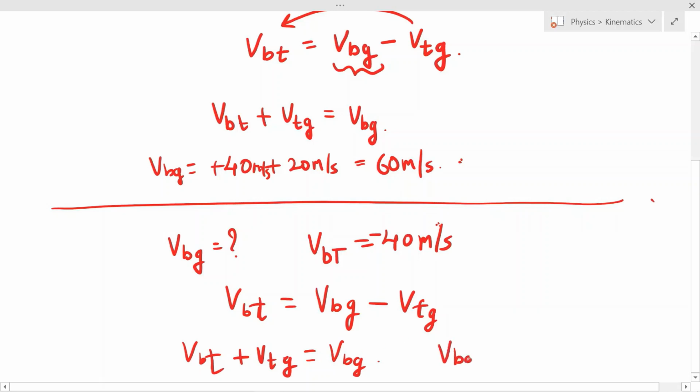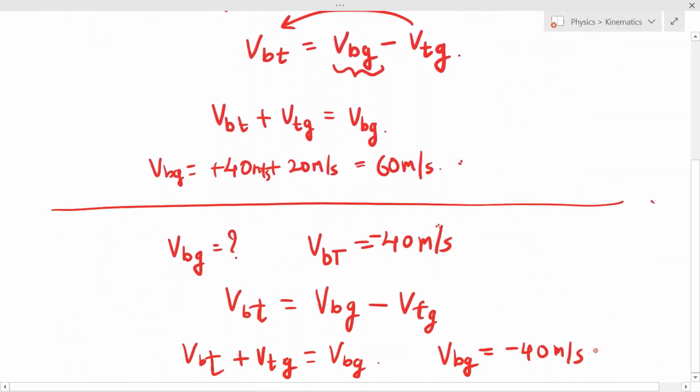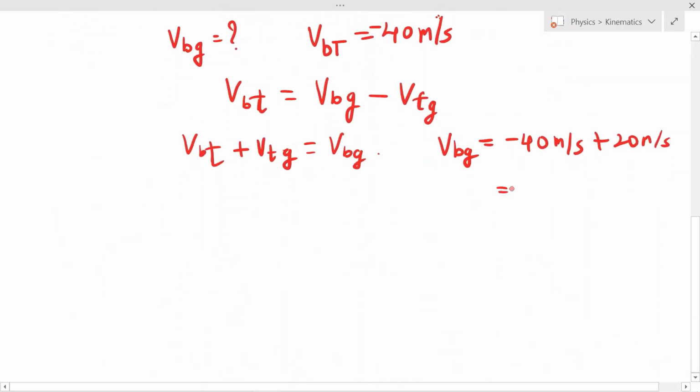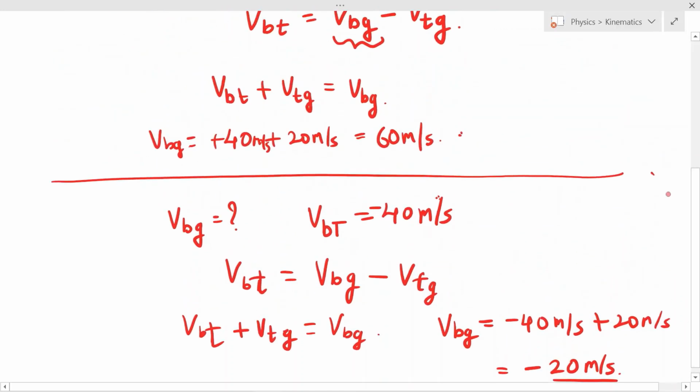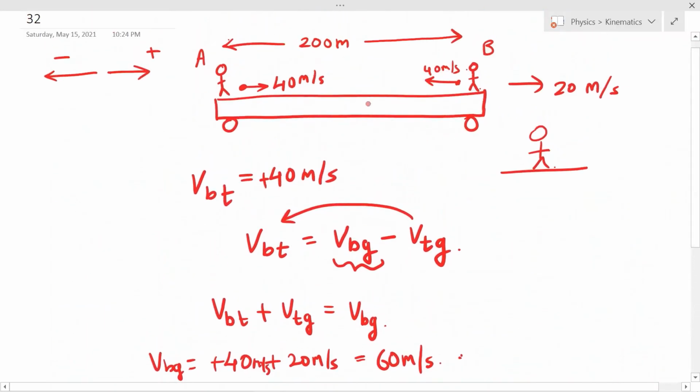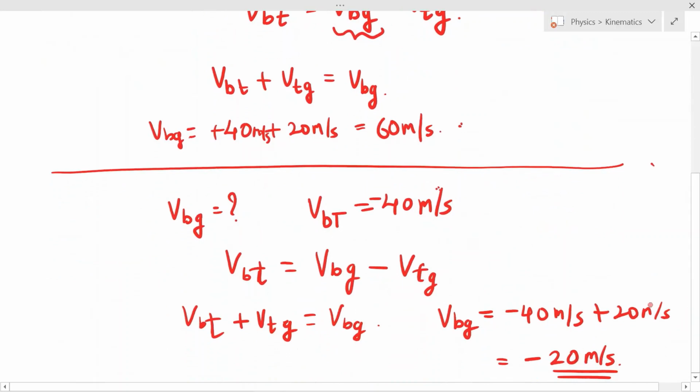So VBG becomes, VBT is minus 40 meter per second, VTG is plus 20 meter per second. So this becomes minus 20 meter per second. So this ball will move in the left direction for this stationary observer with the velocity 20 meter per second.